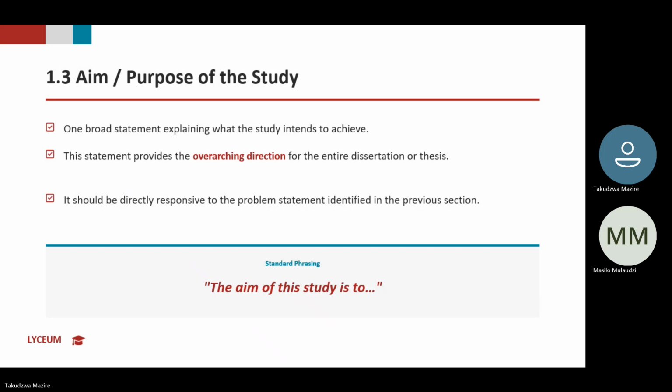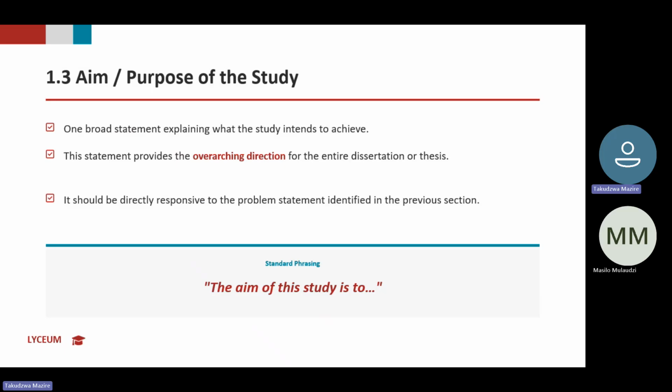Now, remember, this aim must directly respond to the problem statement that we have just discussed. You typically start from the phrase, the aim of this study is to, yes. So that's a keyword that you can use.